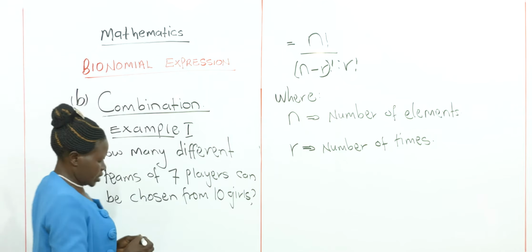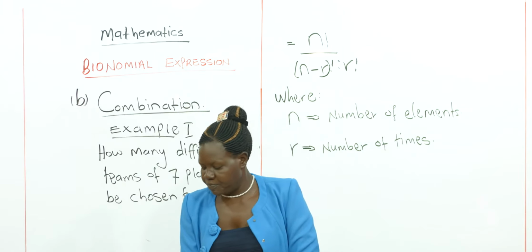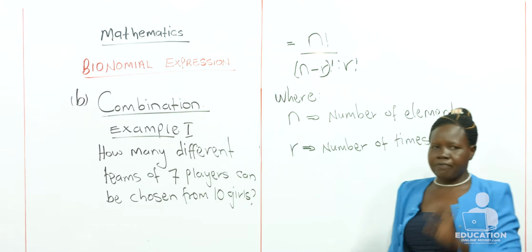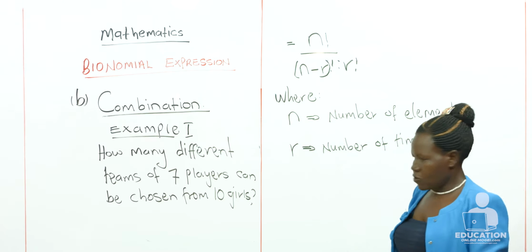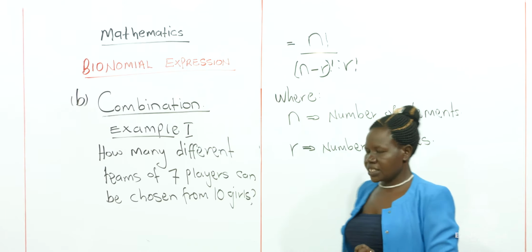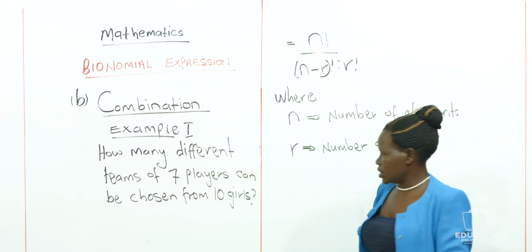So dear learners, look at that question. Remember, in permutation we said can be formed. Are we together? Can be formed. And within combination they say can be chosen or selected.